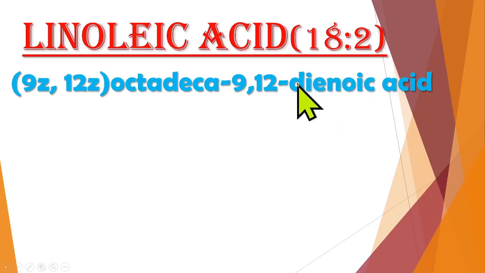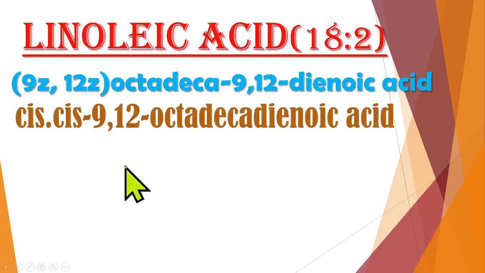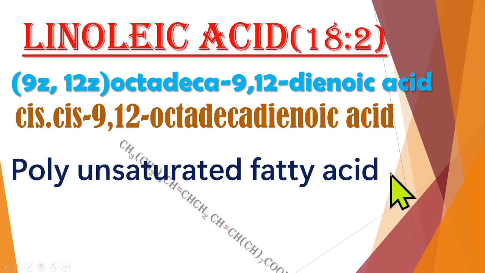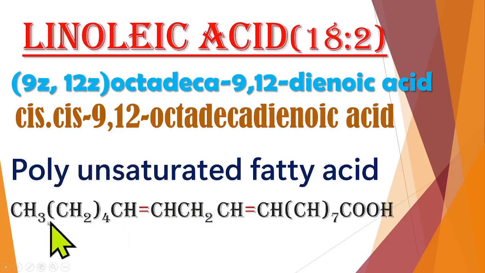Dienoic means 2 double bonds, at the 9 and 12 positions. It is also called cis-9,12-octadecadienoic acid. It is a polyunsaturated fatty acid. Here, the chemical formula of linoleic acid is given.